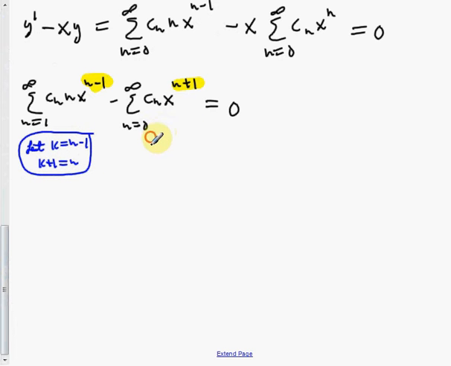And then over here, let k equal n plus 1.